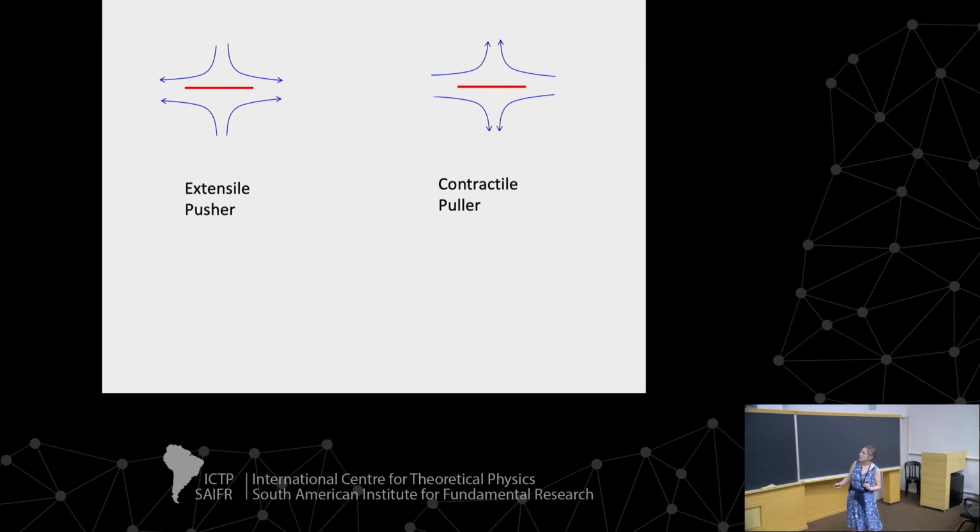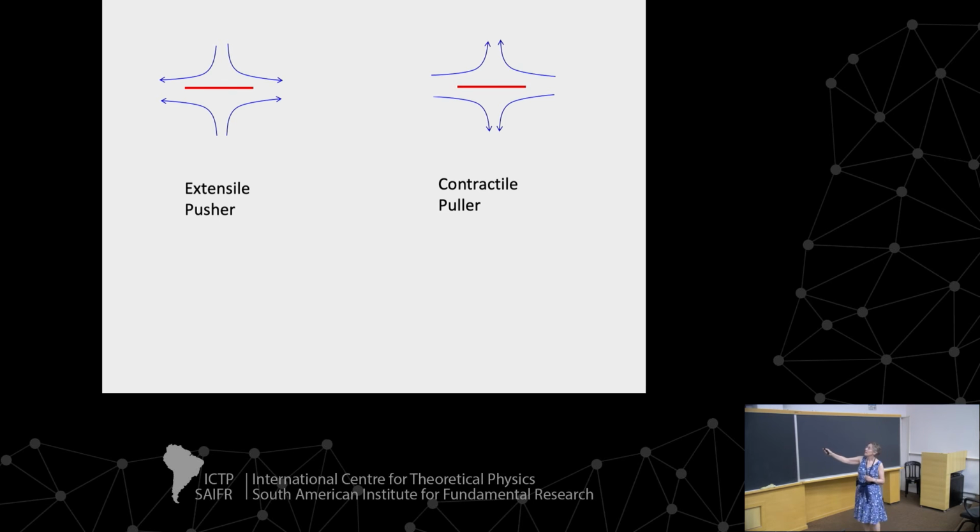Okay, so this is just words which we're going to use later on. So you either have one which pushes it out from its ends. So here's my swimmer. It can push the fluid out from its ends and pull it in from the sides. And you call that extensile or pusher because this is the extended direction of the body and the flow field is trying to extend it even more.